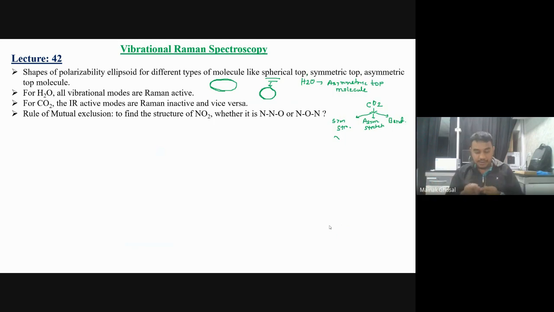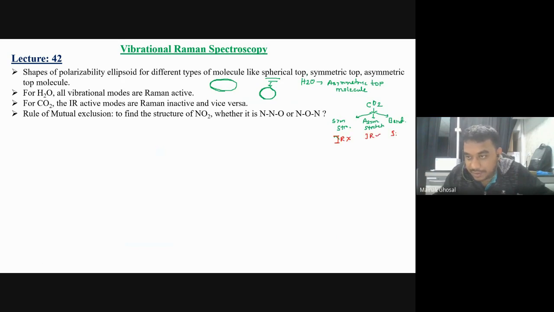For carbon dioxide, the symmetric stretching mode is IR inactive, while the asymmetric stretch and bending are IR active.